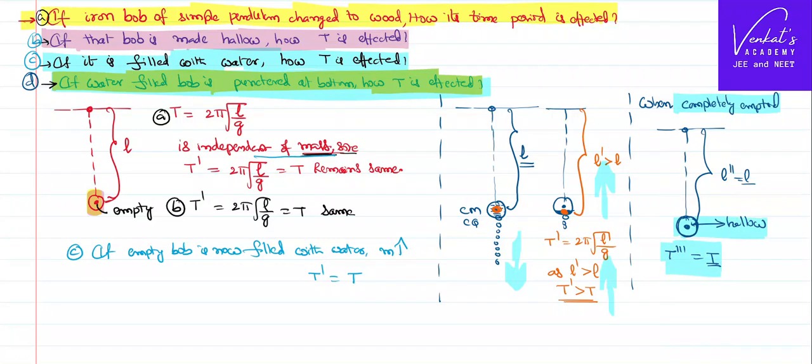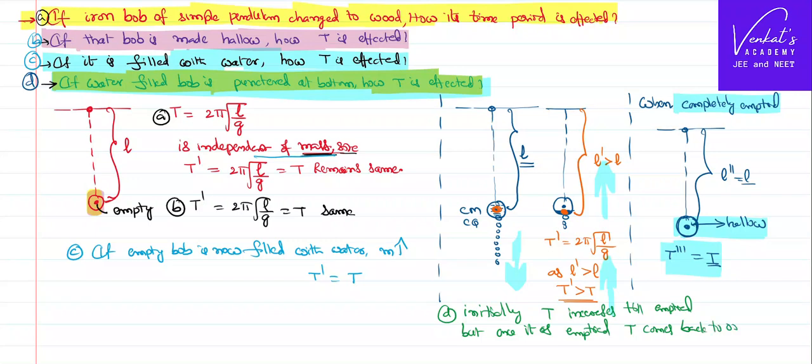So in the fourth case, initially the time period increases till it is empty, and once it is emptied, the time period comes back to the original value. All this explains the concept that the time period is not dependent on mass. That's how you have to understand the problem. Thank you for watching.